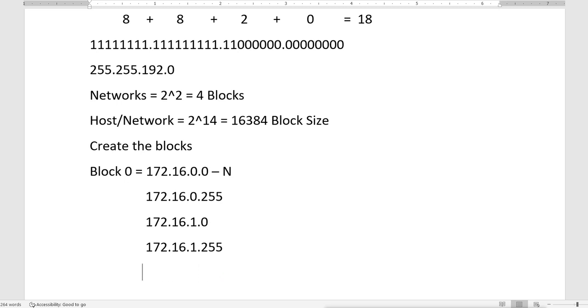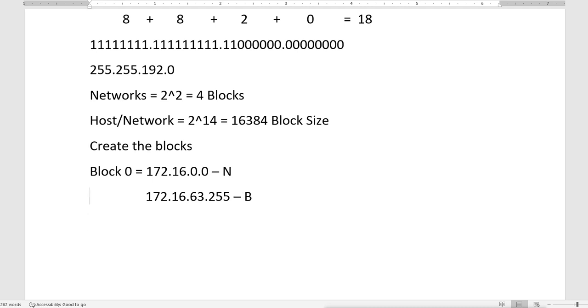So now I know how many IPs I get, what will be the last IP here. 172.16.64, now because we are counting from 0, I will go up to 63, and the last IP will be 255. This will be the last IP for this block.